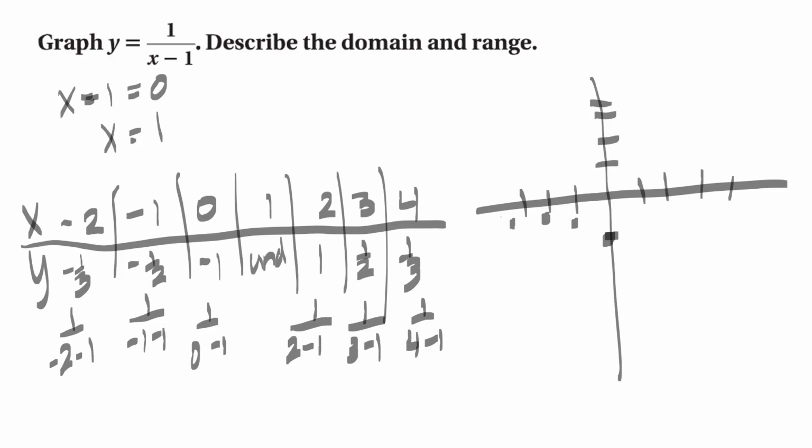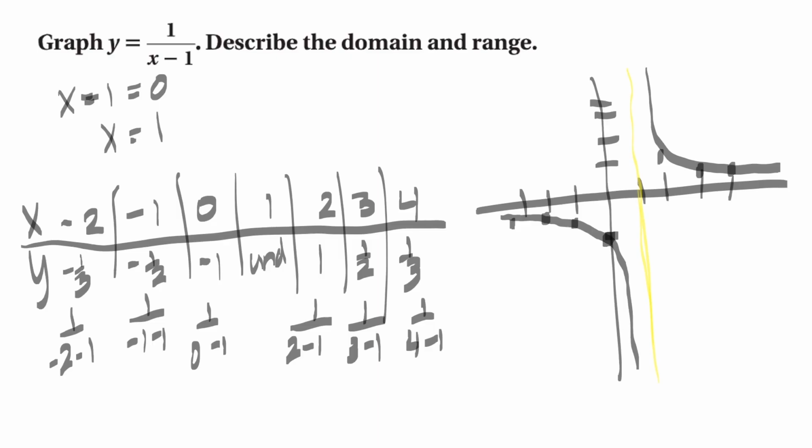So we can see our graph kind of going like this. And then over here, x cannot be 1, which is a special value, this line. Then we have 2, 1. Then we have 3, 1/2, and 4, 1/3. So again, our graph is kind of going like this.